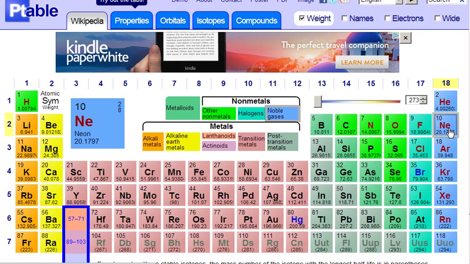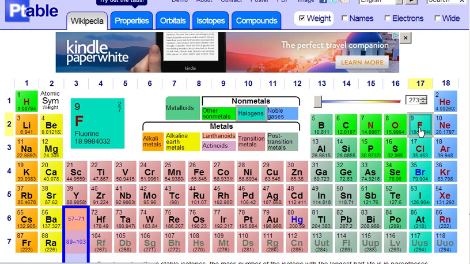If I want to come up with other systems that also have 10 electrons, I could just look nearby and add or subtract electrons to get to 10. So here's fluorine. Fluorine has how many protons? It has 9, because the atomic number is 9. So if it's neutral fluorine, how many electrons does it have? 9.